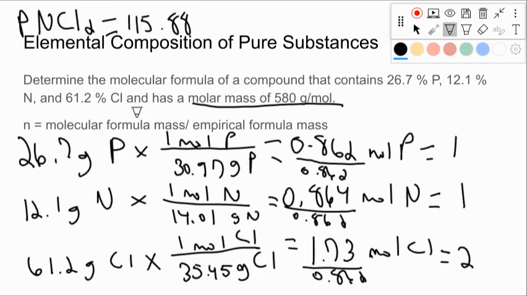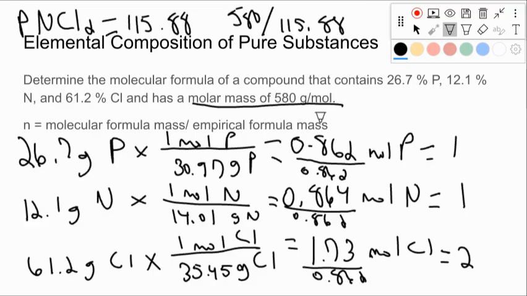Then I use this little equation where I take the molecular formula mass divided by the empirical formula mass. So I'm going to do 580 divided by 115.88. This is my molecular formula mass because that's what they have to give you in the problem. And this is my empirical formula. Remember, molecular formula is not simplified. Empirical formula is. So then I do 580 divided by 115.88.